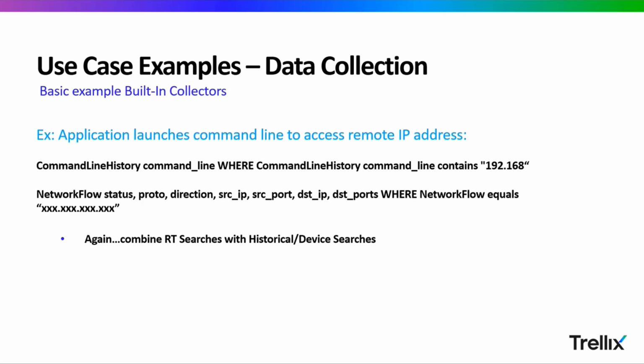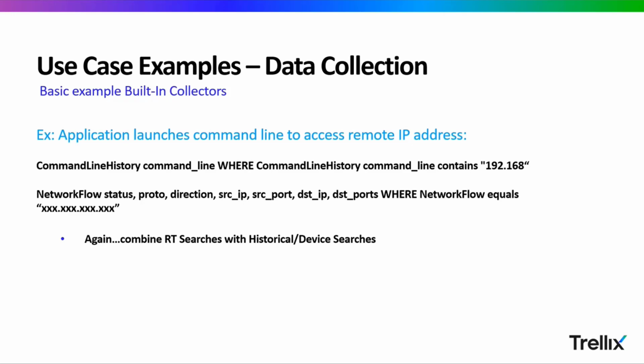But if you do, then you can get information such as the status of connection, the protocol that it uses, direction, if it's in or out, source IP, port, destination port, and other elements.